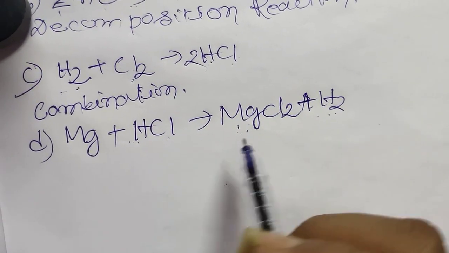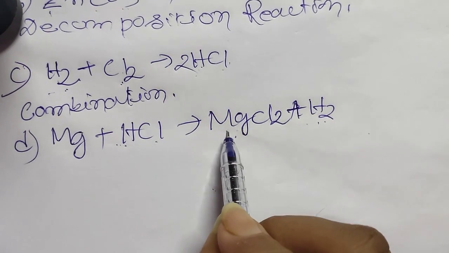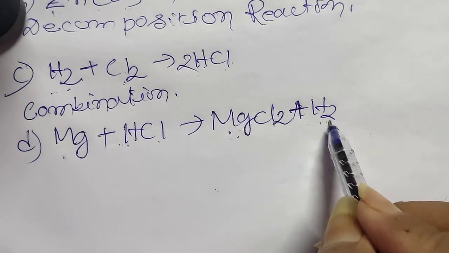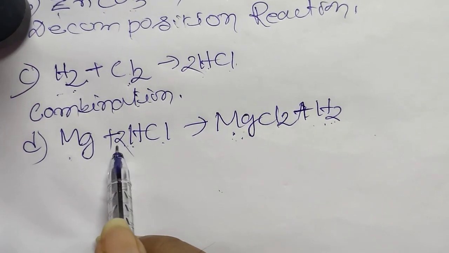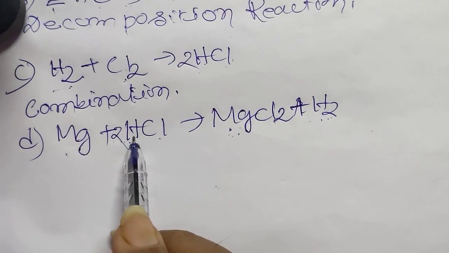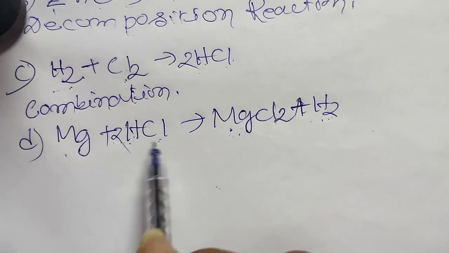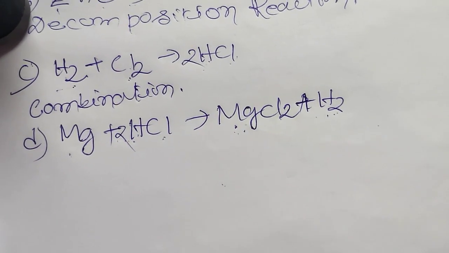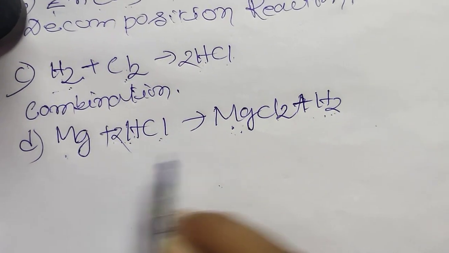Next, let us balance the equation. The number of magnesium atoms is 1, here also 1, but the numbers of chlorine and hydrogen on the product side are 2, that is why we should put the digit 2. Now the number of hydrogen atoms on the reactant side is also 2 and chlorine is also 2, that is why it is balanced. Now you are also asked to write the type of chemical reaction.